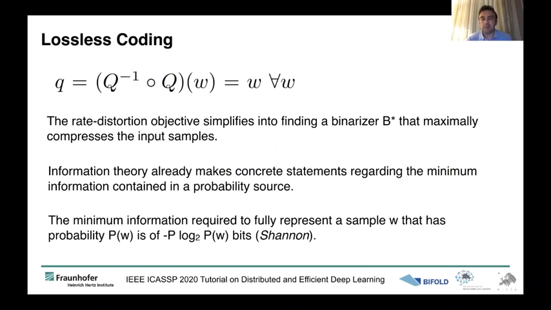Okay, so if you can invert the quantization process perfectly, then we are talking about lossless coding. For example, zip is a format which is lossless, which reduces the size of your data but does not lose information.